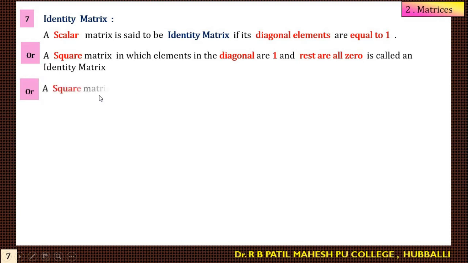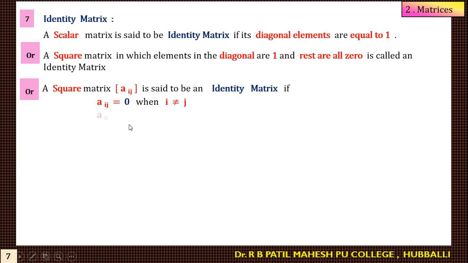So another definition, a square matrix aij is said to be identity matrix if aij is equal to 0 when i is not equal to j. That means the position elements like 1 2, 1 3, 2 1, 2 3, 3 1, 3 2, in that the subscripts are different, then the value of the element is 0.